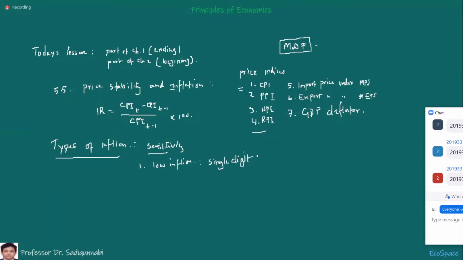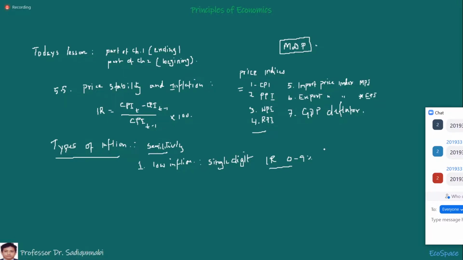That means our inflation rate is from 0 to 9%. If this is the case, then we can say the economy is running at low inflation. Okay.